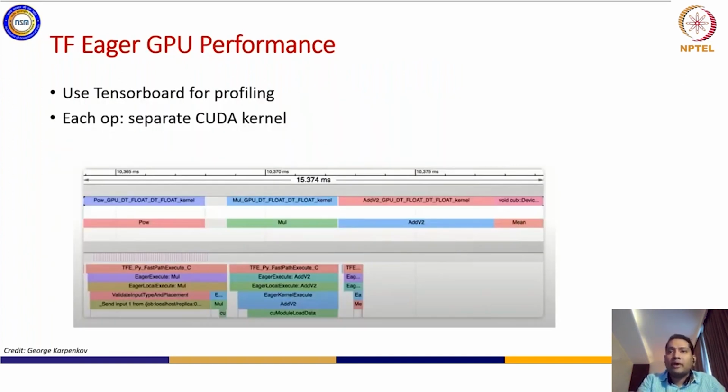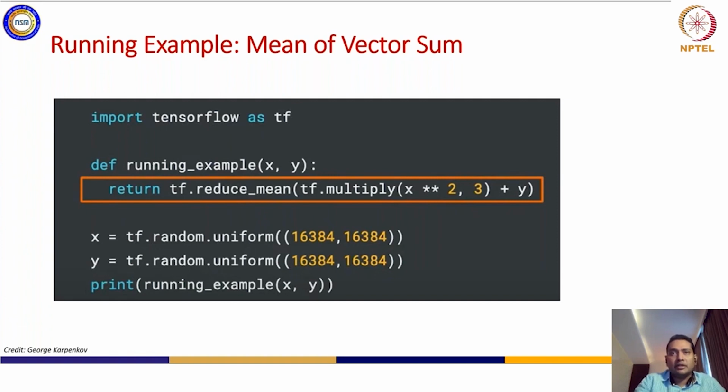When you are compiling this code, you can see that there are several operations. One is the power operation, one is the multiply operation, one is the addition operation, one is the mean operation, and so on. So let's say we have 4 operations. And if you are compiling for your target GPU, that means you are actually generating 4 kernels for the target GPU.